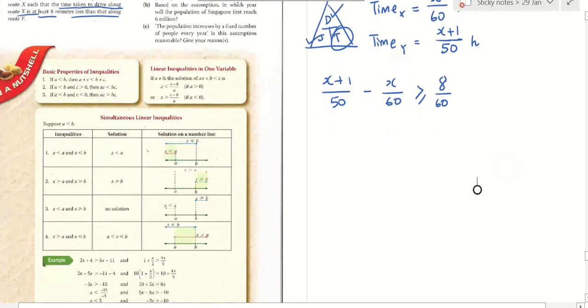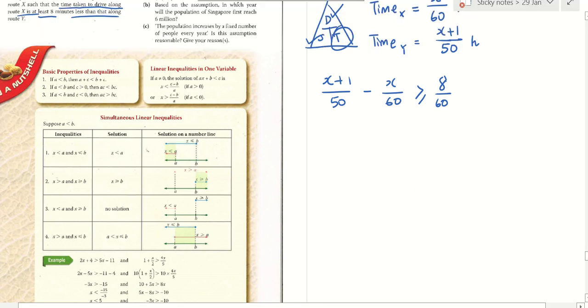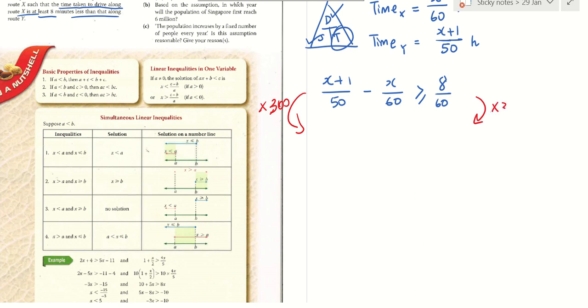So now to continue, I'm going to multiply everything by 300 because if I multiply by 300 everywhere, all the denominators will disappear. So if you cannot understand this part, you just multiply everything by 50 first, then multiply everything by 60. It has the same effect.